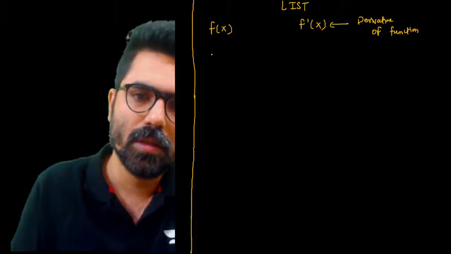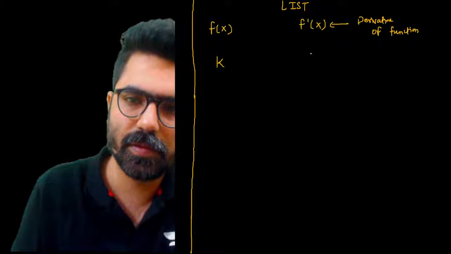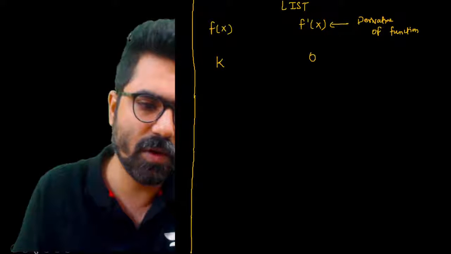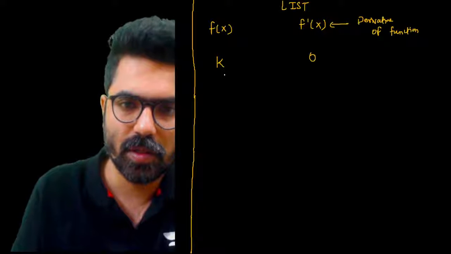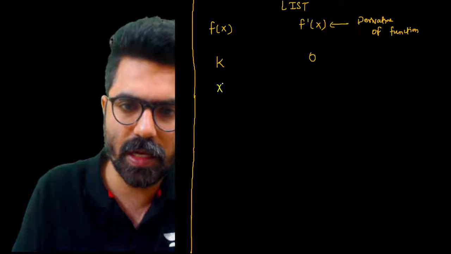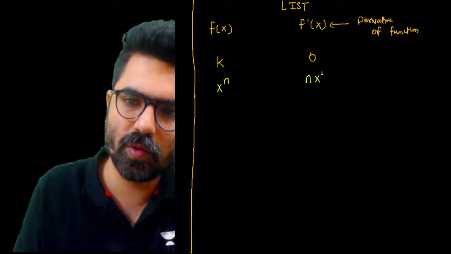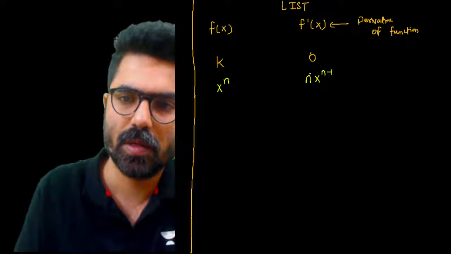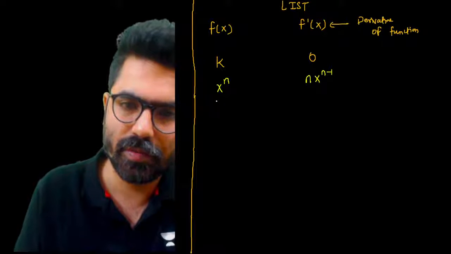So the first formula: the derivative of any constant is 0. Then the derivative of x power n is n into x power n minus 1. This is a basic rule.